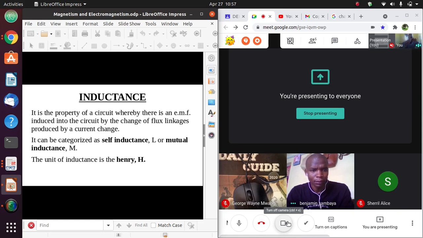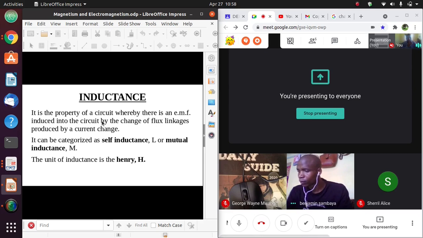That induced EMF, which is created by the change in magnetic field because of the change in current in that conductor, will have the effect of opposing the change in that current. We had talked about this law, Lenz's law. The EMF produced in that circuit or in that conductor will oppose the cause, the reason causing it.